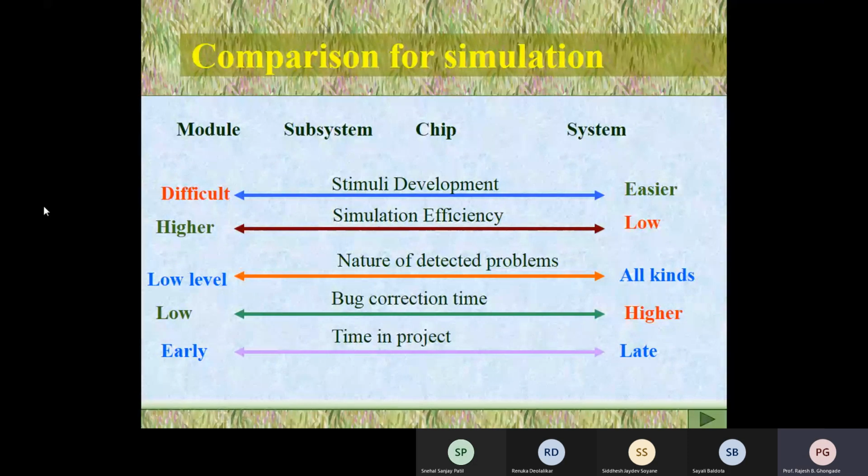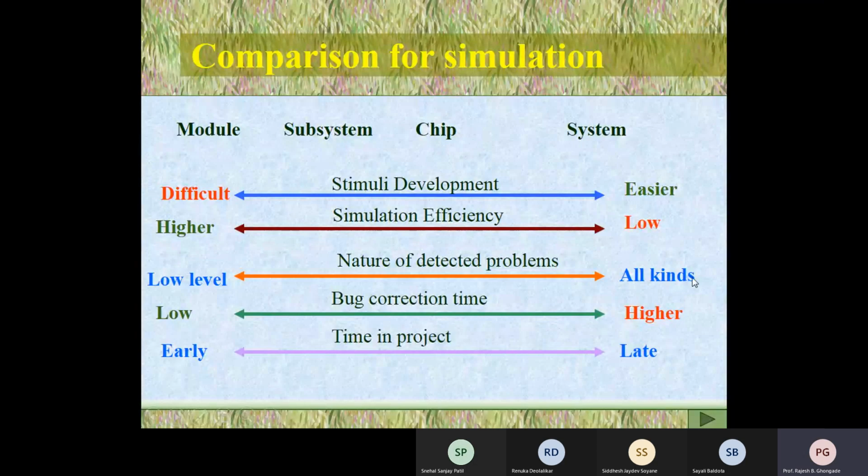Whereas if you go towards the module level, each part of the system, then the stimuli development becomes progressively difficult. However, simulation efficiency at the system level is less, whereas the simulation efficiency is very high at the lowest level.